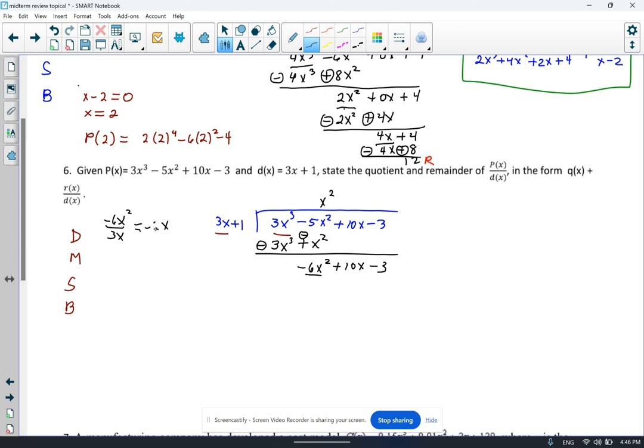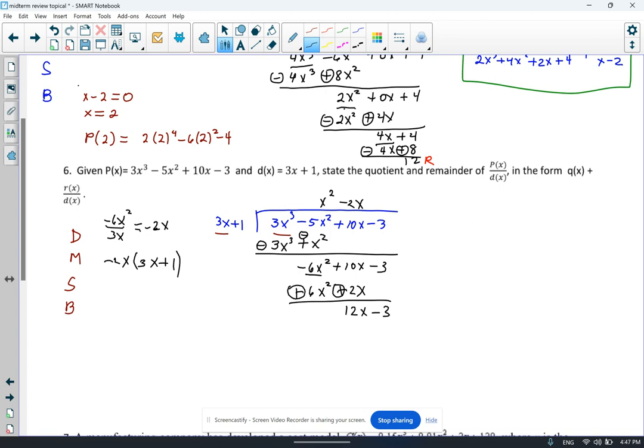Careful with your signs. I line that up over here, and now I'm multiplying negative 2x by the 3x plus 1. When I do that, I get negative 6x squared minus 2x. I change the signs, and I end up with 12x minus 3.